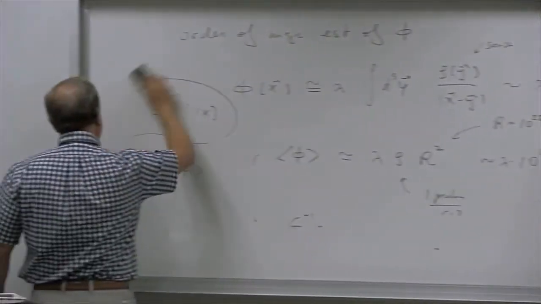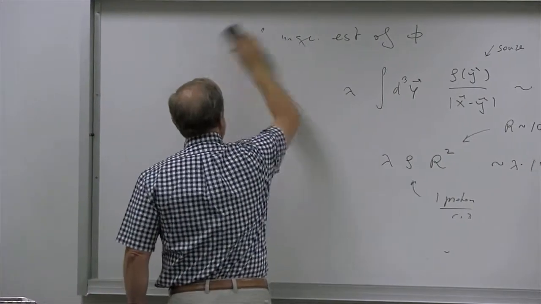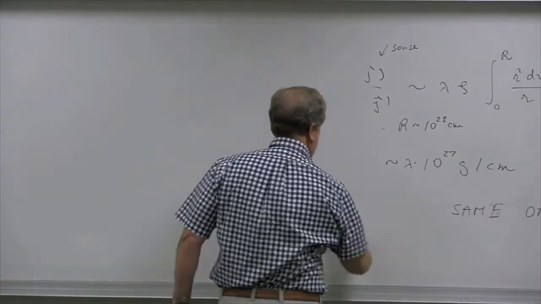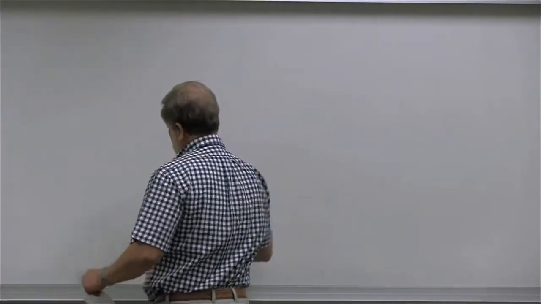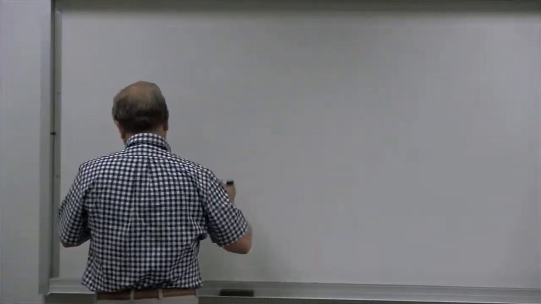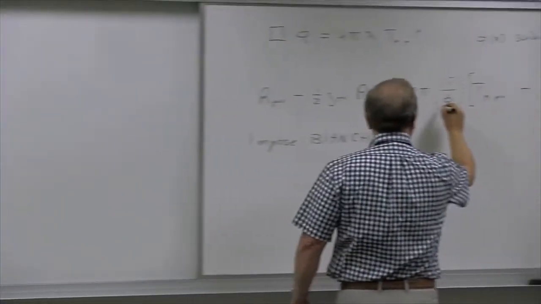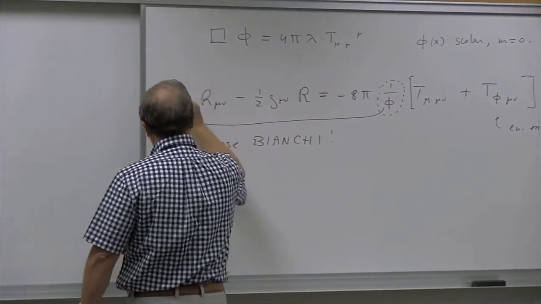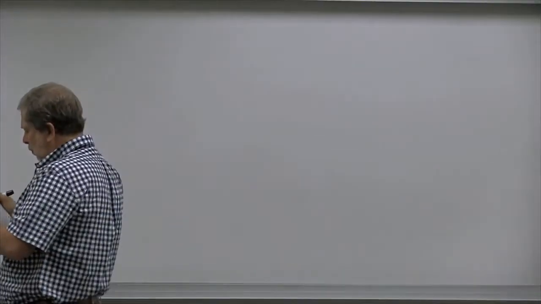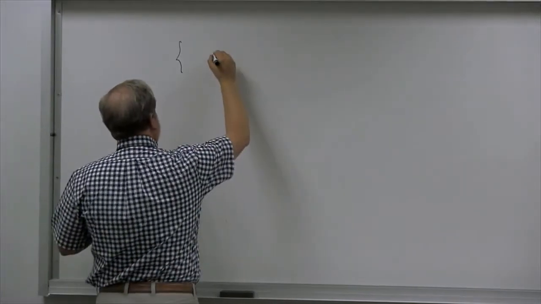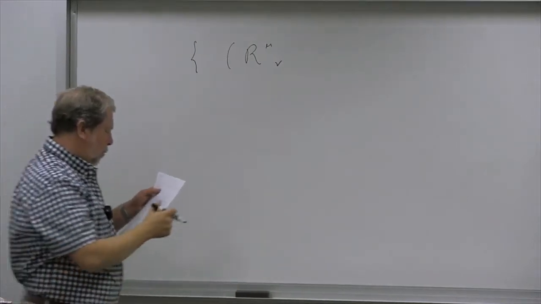Now, it will be more convenient to impose the Bianchi identity if we bring the phi field over on the left-hand side. So we're going to do that first. So we're going to take this phi field and bring it over on this side here, right, and multiply then this by phi. So that means that we have R mu nu, and we can have some of the indices upstairs or downstairs or whichever way we want to do it.